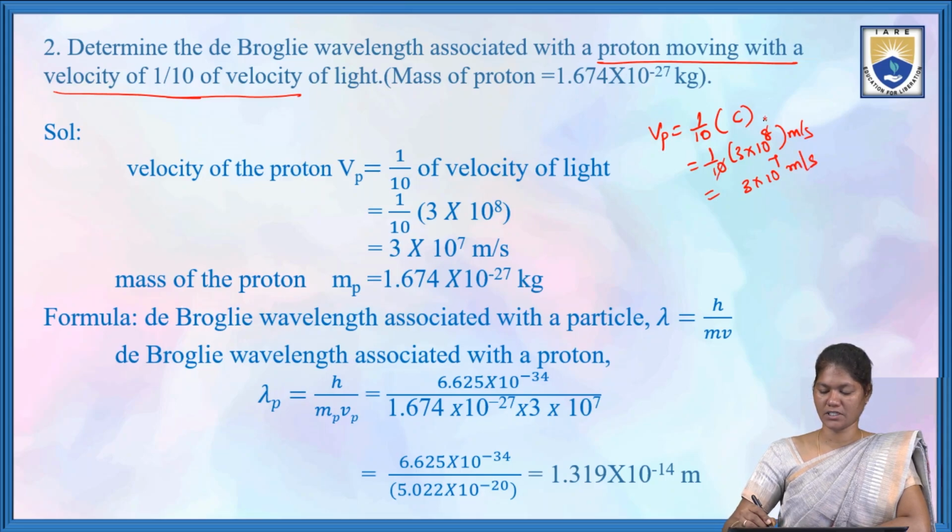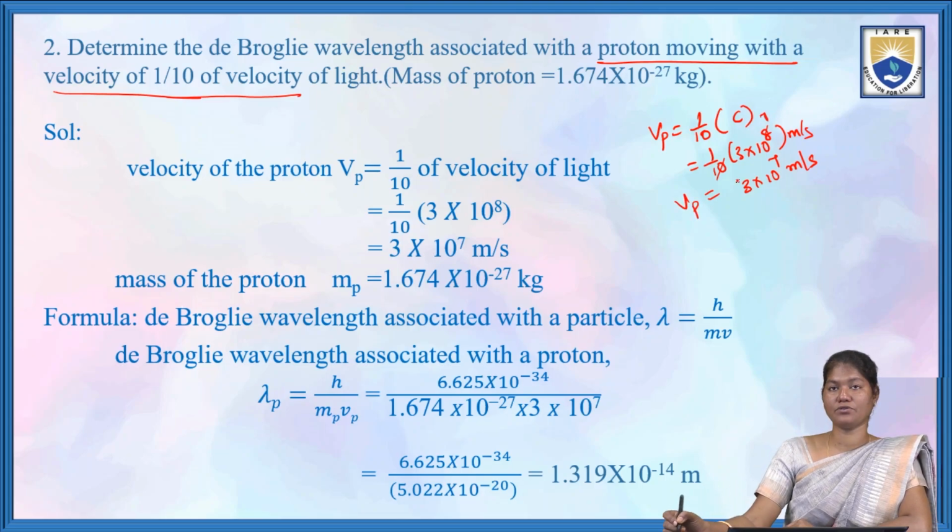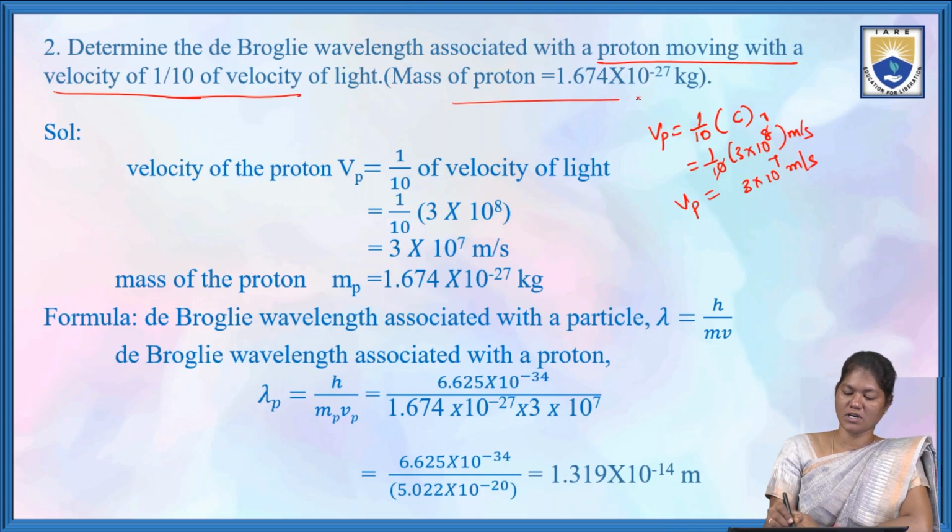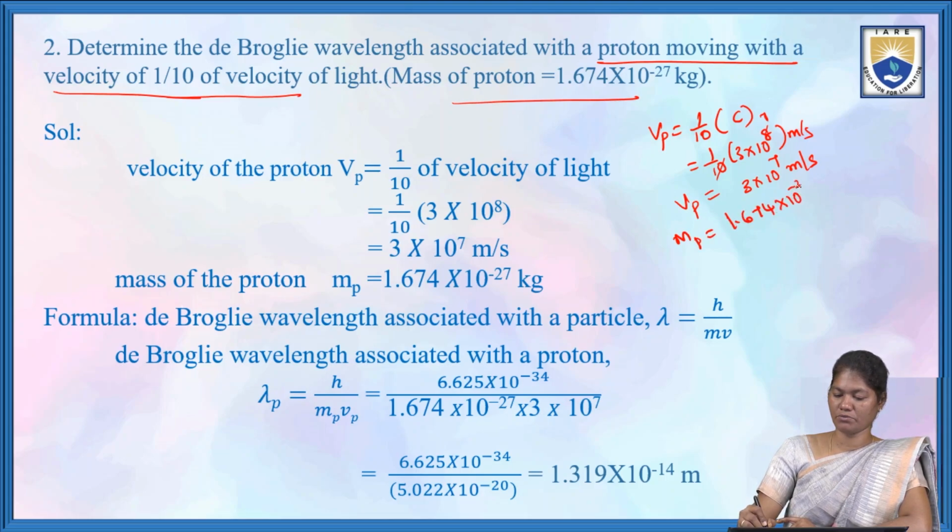So the velocity of the proton is 3 into 10 power 7 meters per second, and also the mass of the proton, mp, is 1.674 into 10 power minus 27 kilogram.